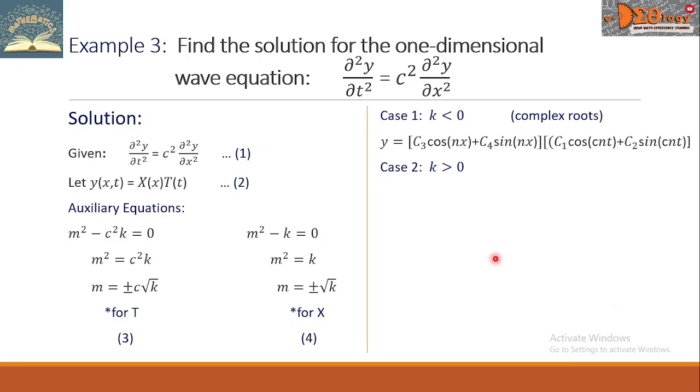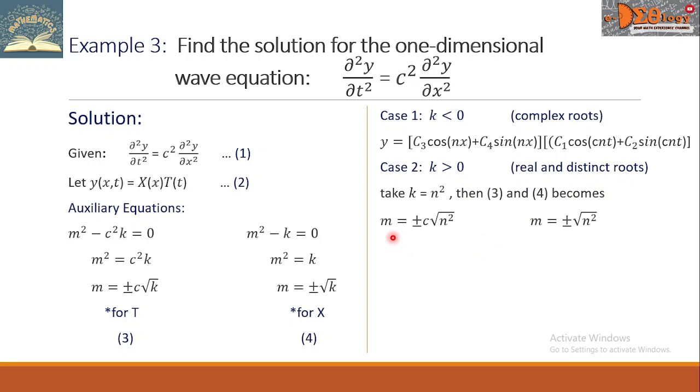Now case 2 is when k is greater than 0, meaning k is positive. In that case, we're going to have real and distinct roots. It means to say, we can take k equals n squared. So, equations 3 and 4 become like this.